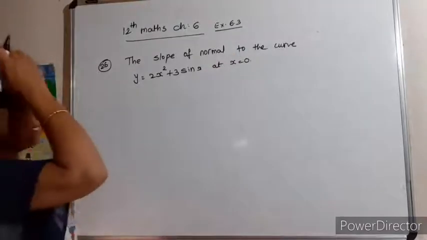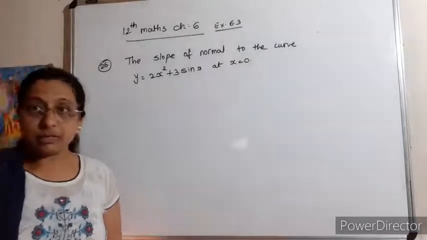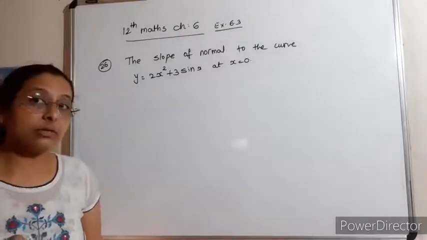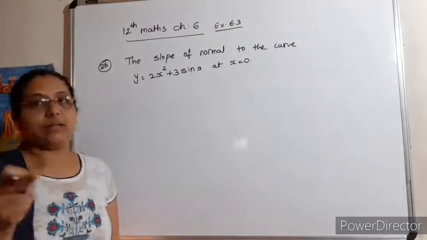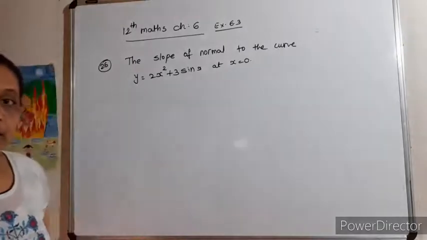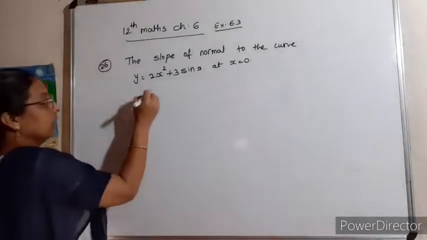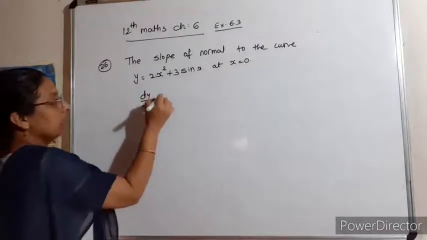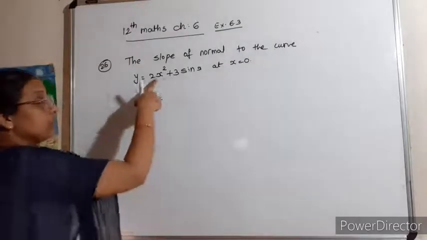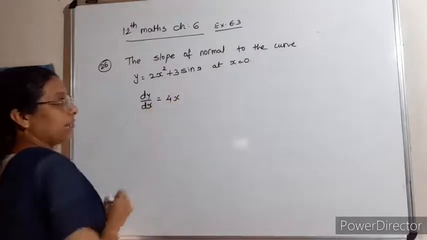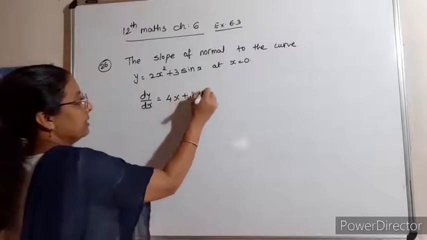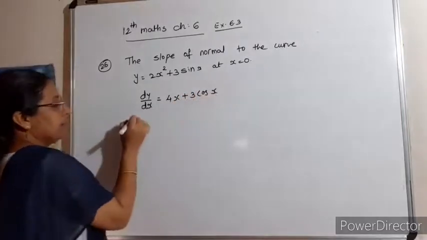If you want to find the slope of the normal, then first of all you have to find the derivative, the slope of tangent, and then you get the slope of normal, right? Okay, so here dy by dx, what is it? 4x plus 3 cos x.